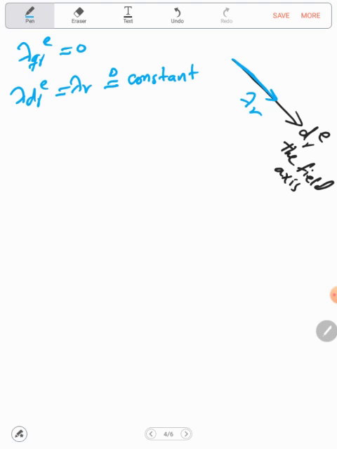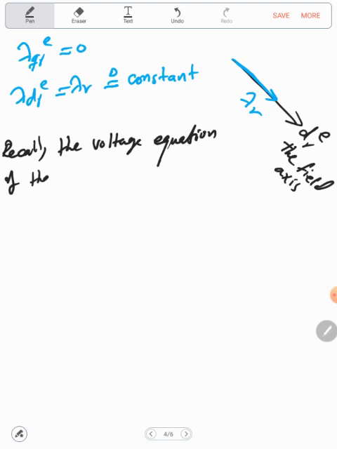So now let's see what will happen to the voltage equation in the QD reference frame. Now I will recall the voltage equation of the rotor under field-oriented vector control.